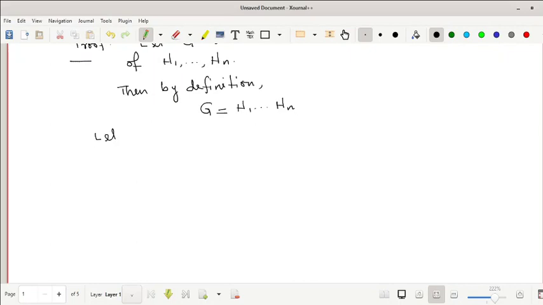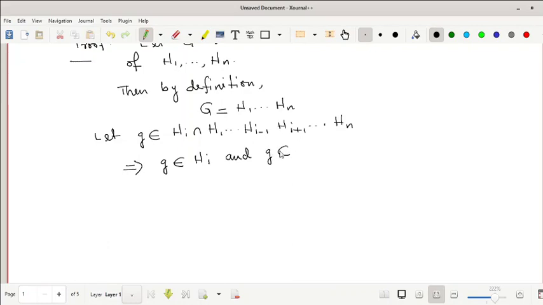Let g belong to Hi intersection H1 H2 ... Hi minus 1, Hi plus 1 ... Hn. This implies g belongs to Hi and g belongs to H1 H2 ... Hi minus 1, Hi plus 1 ... Hn.